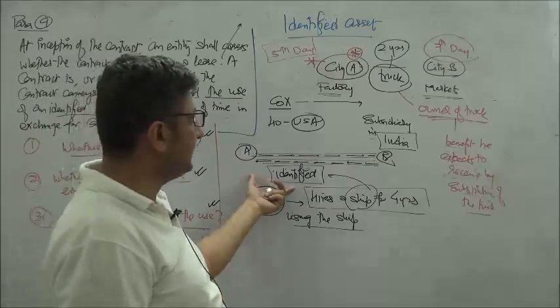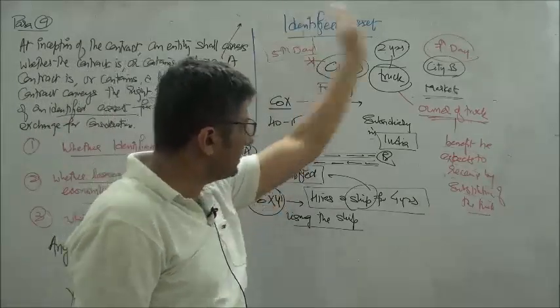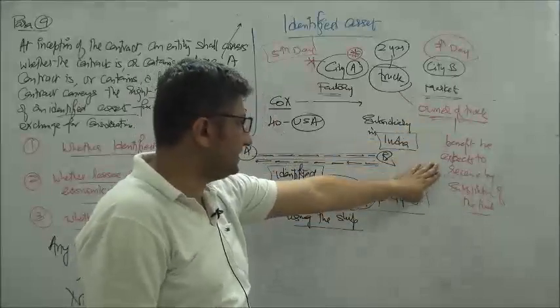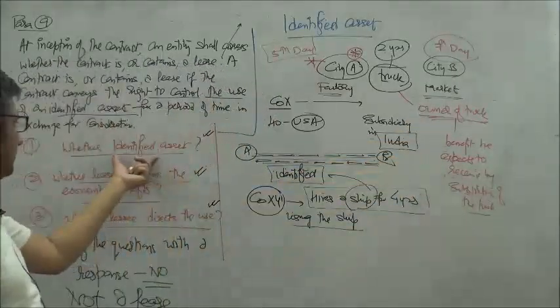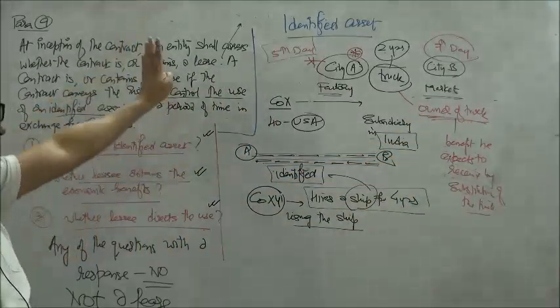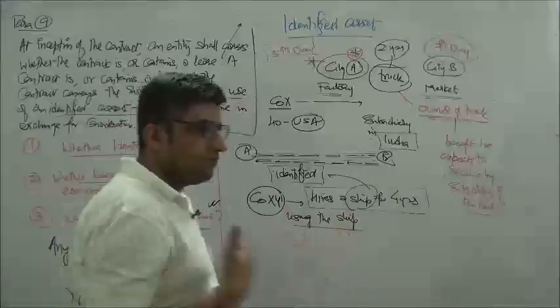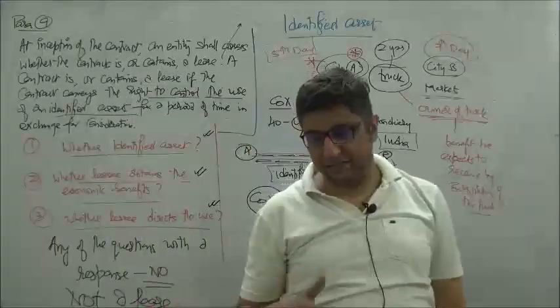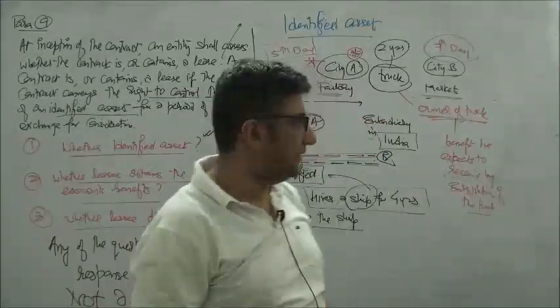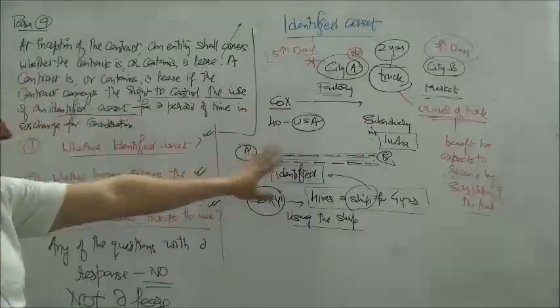Okay, so precisely in this case, we do not consider that the truck is an identified asset, and if that is the case, it's not an identified asset, it means the arrangement is not a lease. It becomes more of a freight forwarding arrangement and not falling into the definition or scope of the leasing accounting standard.